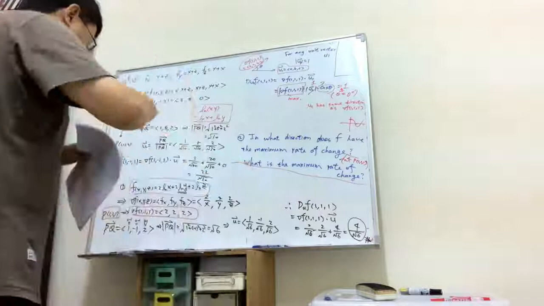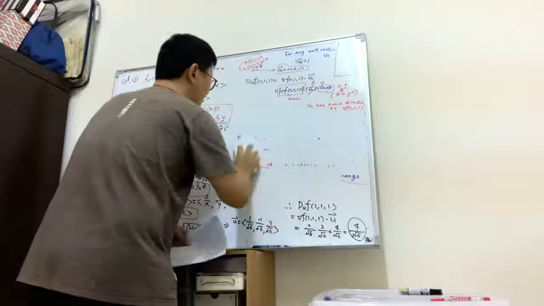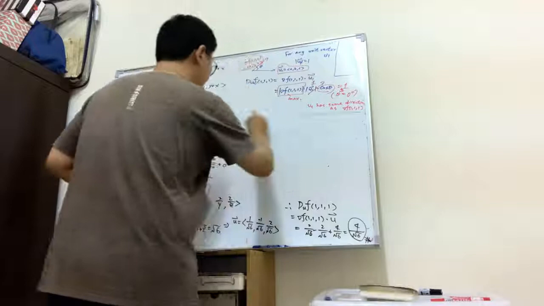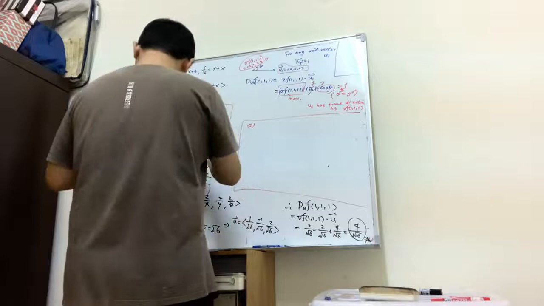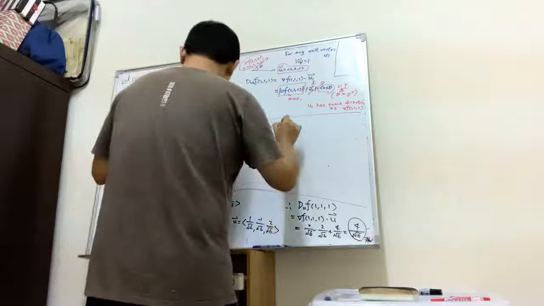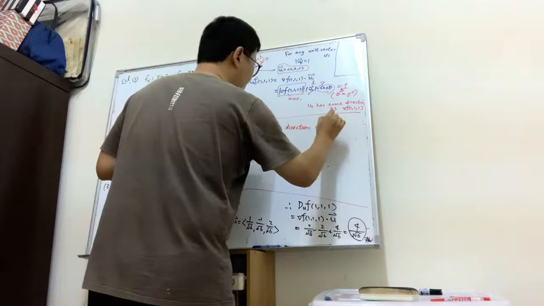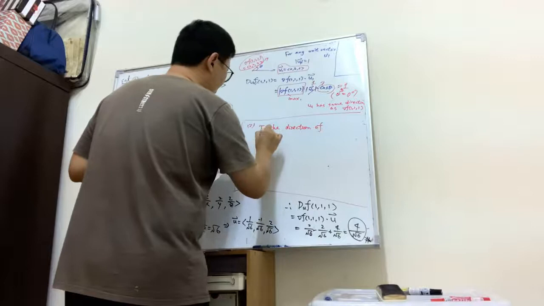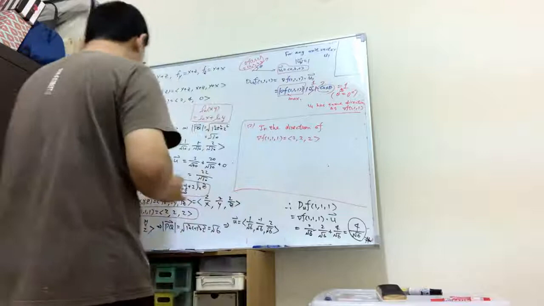Okay, so for this problem, I write down the solution. Here I just told you the process, but for this result, you could write it down directly in this way. So the maximum happens in the direction of gradient f(1,1,1), which is exactly the vector (2,2,2).